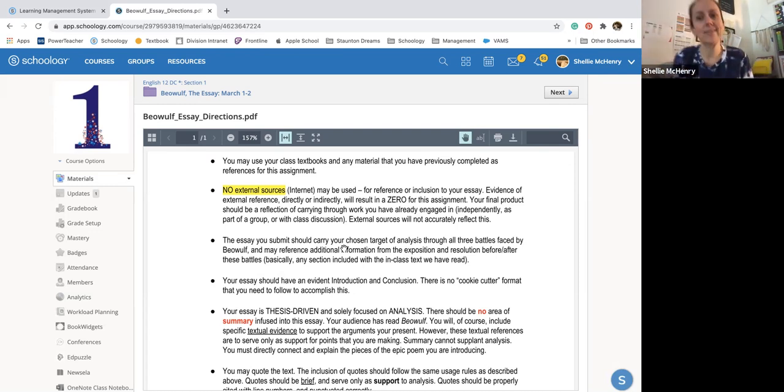So unlike so much else that we are doing, this is an assignment that is actually greatly benefited by the virtual environment, in that you have more time to marinate on your ideas, and look up textual evidence and really support and develop them. So when it refers to textbooks, it's referring to, in your case, the PDF I've uploaded, refer to the text. You also can refer back to any work you have done for this unit.